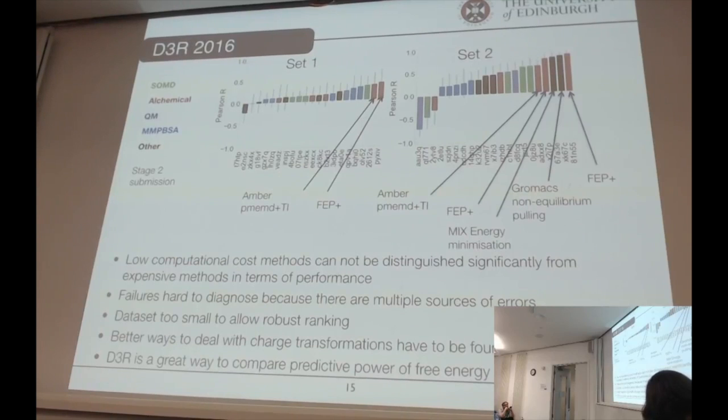So let's look at set 1 first. These error bars are computed by the D3R team, and they come from bootstrapping. That's why they're quite large. But in order to really distinguish different methods, bootstrapping is a valid approach, and it basically shows that none of the methods are particularly better or worse than the other, particularly in the top 5 or so. There's no good ranking there.